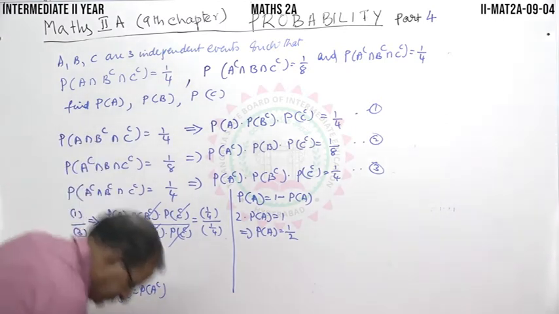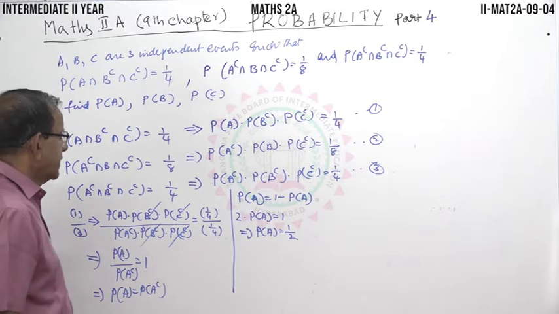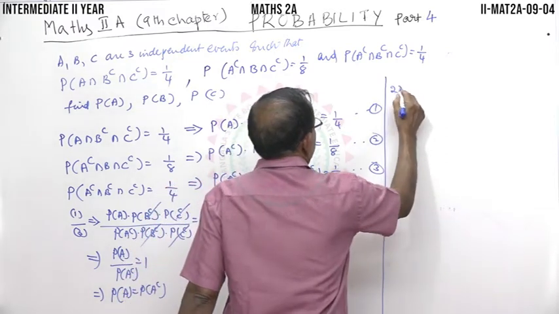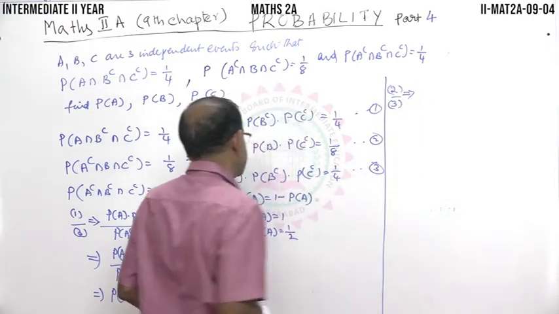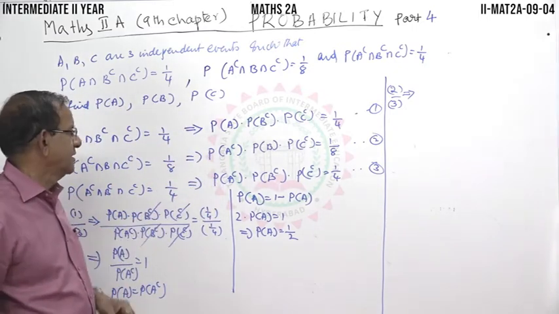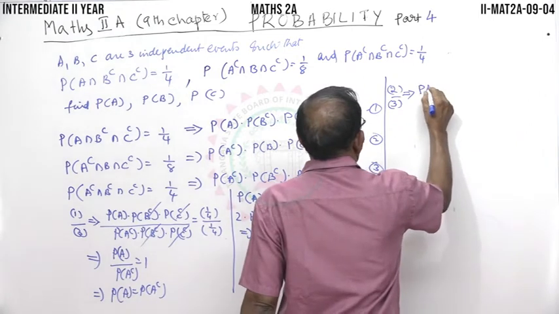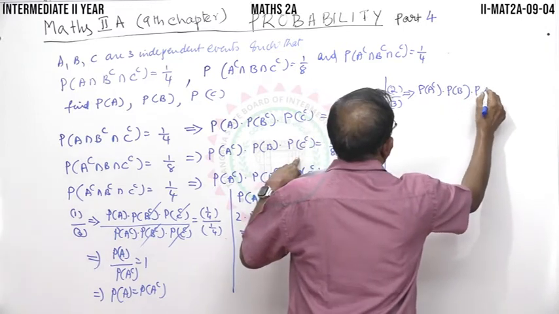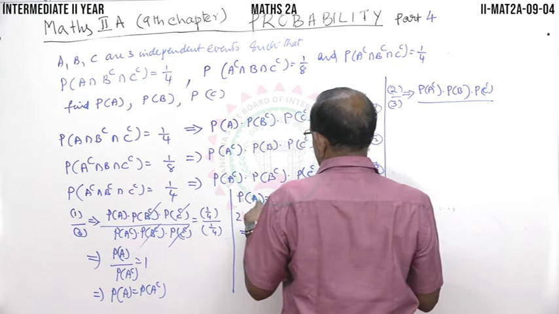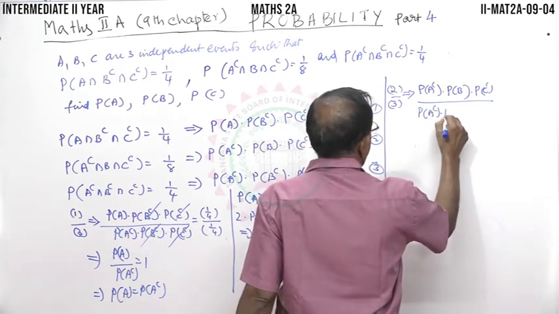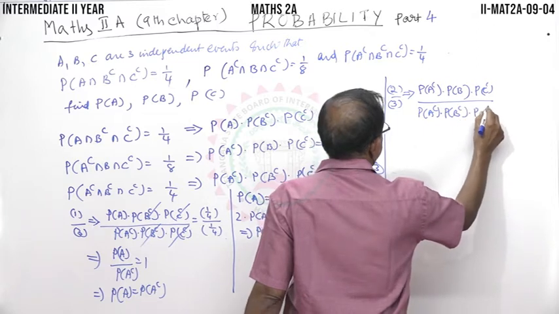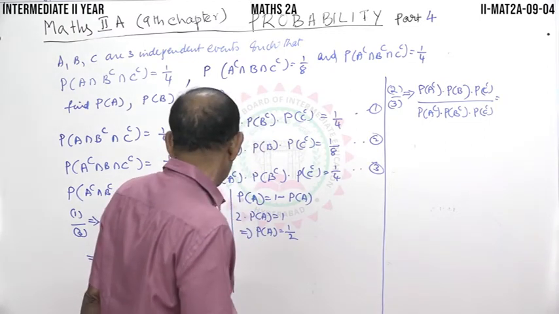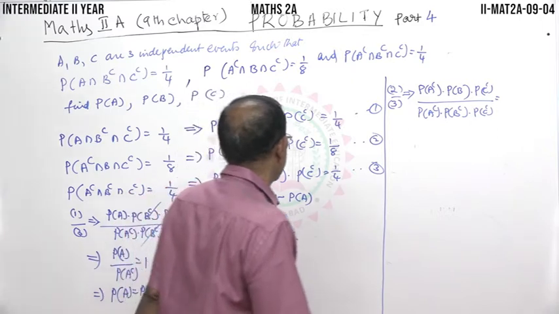Now let us take second by third. This by this you have to take: P of A complement into P of B into P of C complement by third one, P of A complement, P of B complement, P of C complement, is equal to 1 by 8 by 1 by 4.